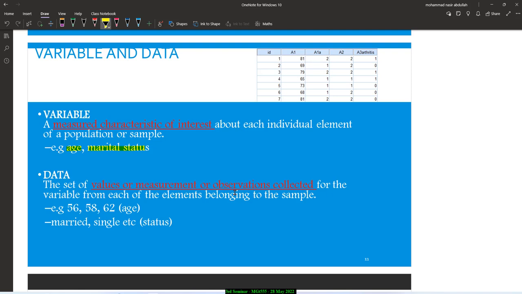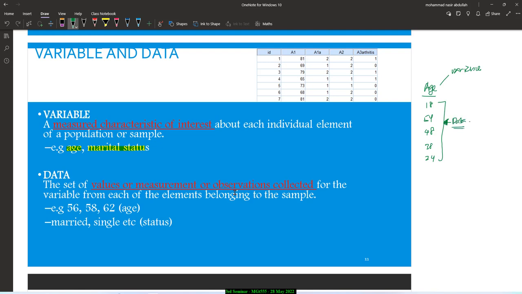So the value inside the variable, let's say age. Age is a variable, right? So the values, let's say 18, 54, 48, 38, 24. So this is the value. The values inside the variable we call as data.